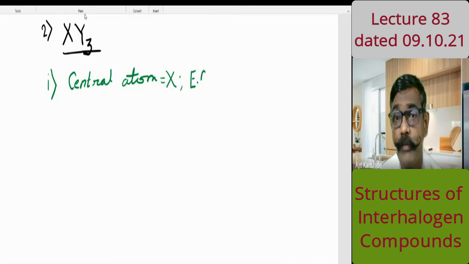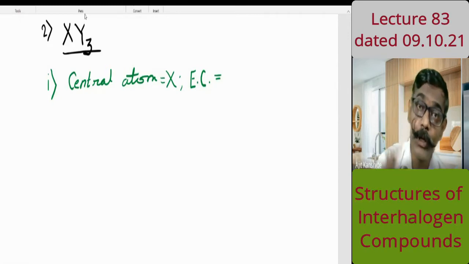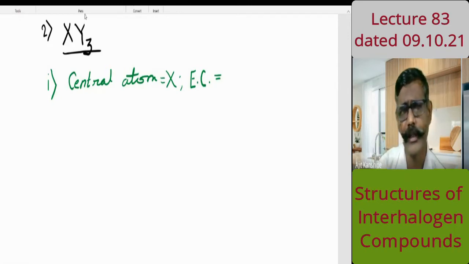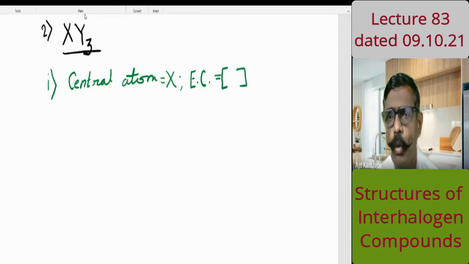The next point is electronic configuration. Keep in mind, for the next example I will ask electronic configuration. Here I write the general electronic configuration. If particularly asked, you can take Cl and write its electronic configuration. A noble gas will be there, followed by ns2 np5.